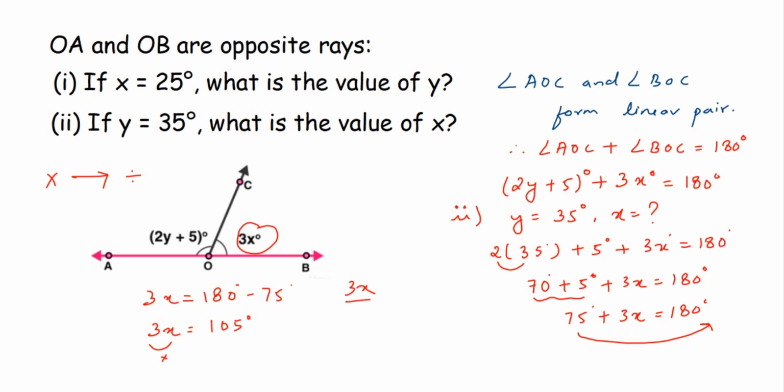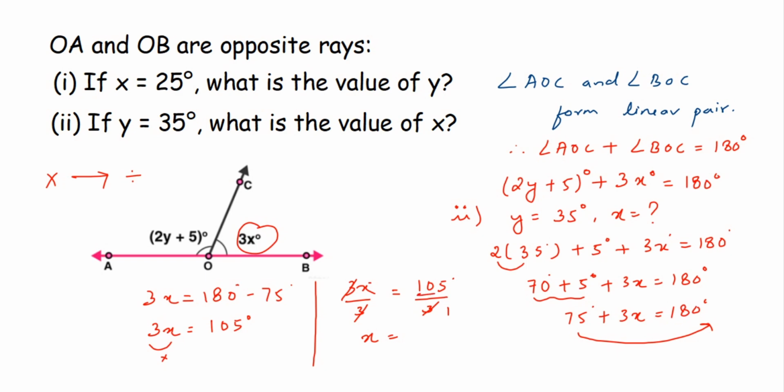3x divided by 3 is equal to 105 divided by 3. On the left side, the 3s get cancelled and we get x. On the right side you can either divide or do the cancellation. I prefer cancellation. 3 ones are 3. Now we have 1; the first number is 1, so it's not divisible.